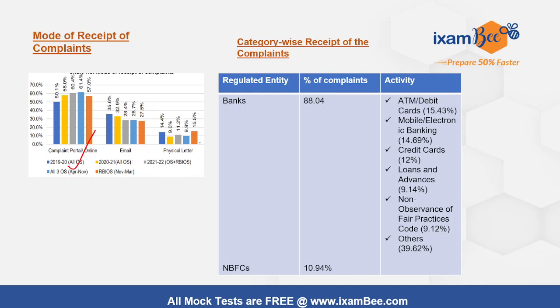Physical complaints have also seen a slight increase compared to last year, because now there is one-stop location for the receipt of all physical complaints, which we have already discussed, at RBI Chandigarh. Because it's a convenient method of sending a complaint, there might be an increase in physical complaints.